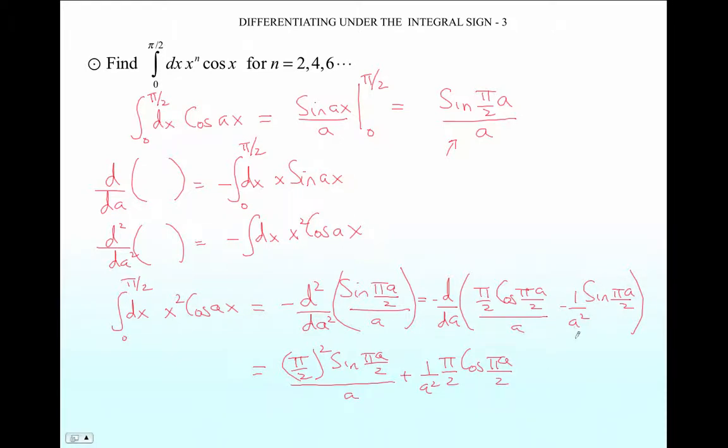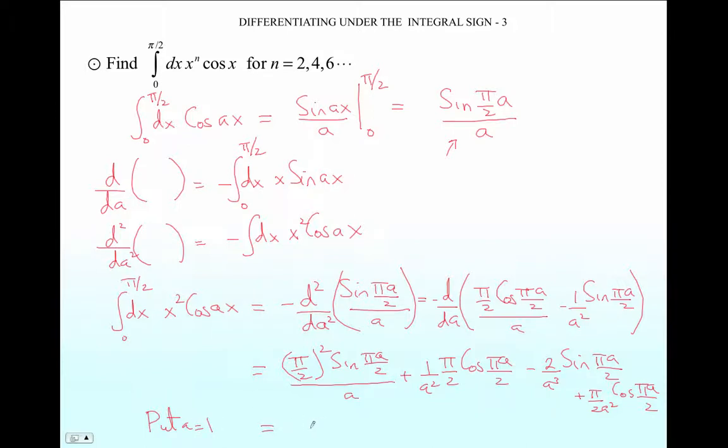When I differentiate 1 over a squared, I'll get minus 2 over a cubed. The sine shall remain as it is. And finally, we have to differentiate the sine, which will give us pi by 2 a squared cosine of pi a over 2. Now, put a equal to 1.